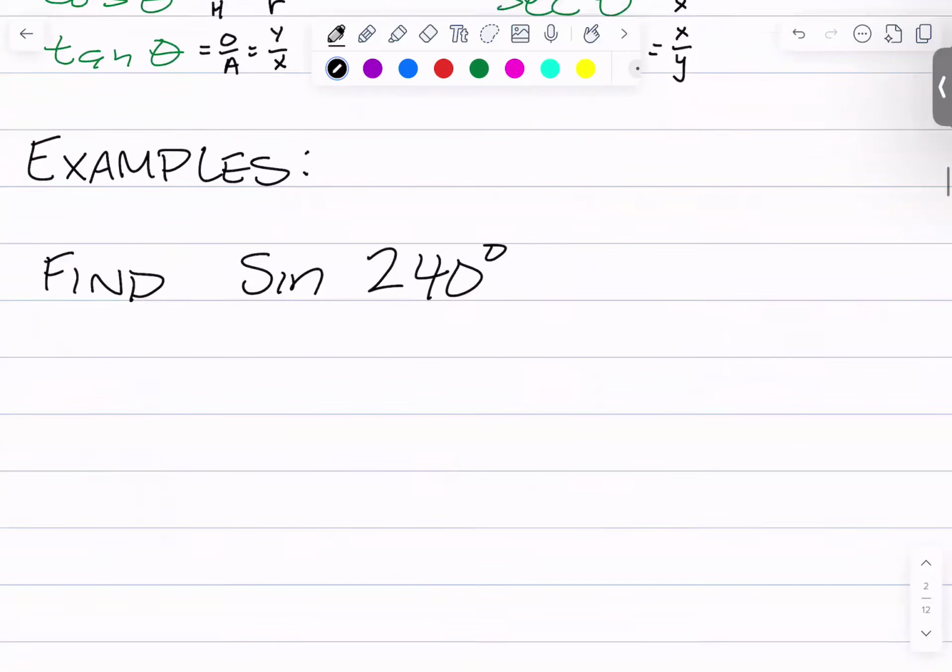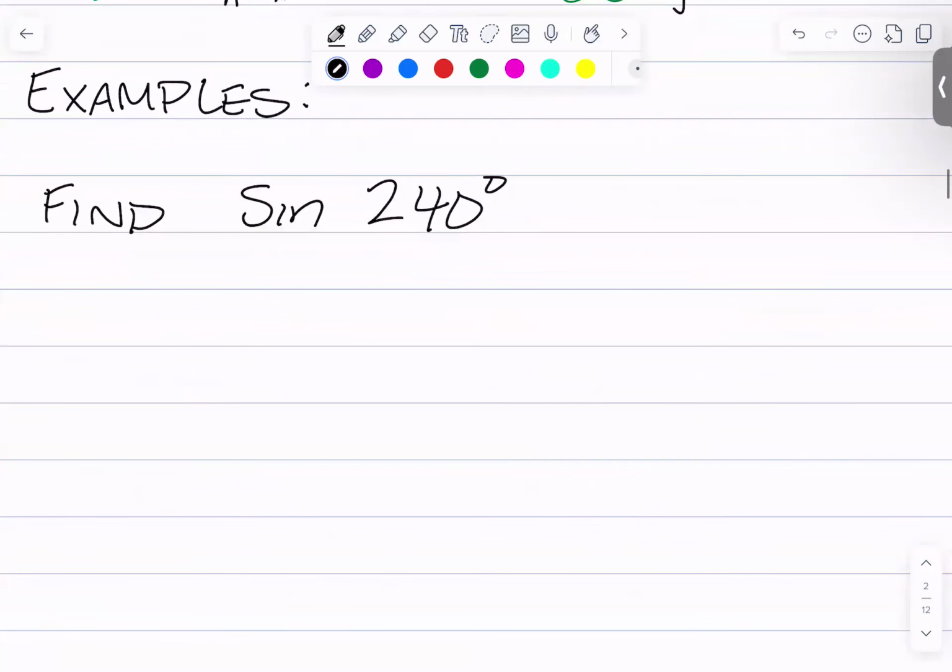So here are the general notes of today, and we're going to jump into some examples. We're going to find the sine of 240 degrees. Your first step here, always, and I'm going to repeat it throughout this whole unit, is to draw out the triangle. Okay? So I have my x-axis and my y-axis.